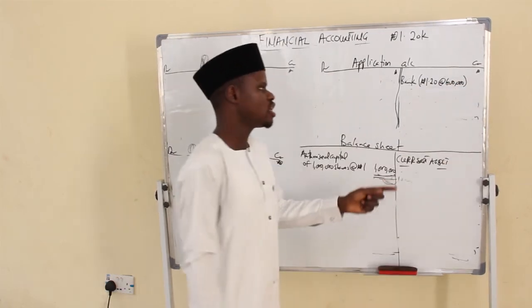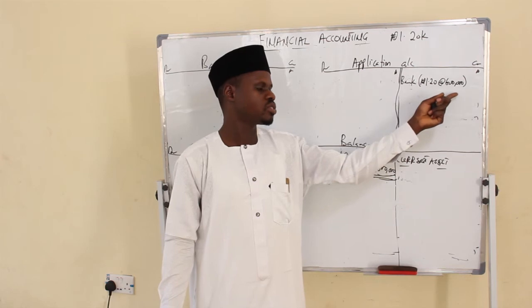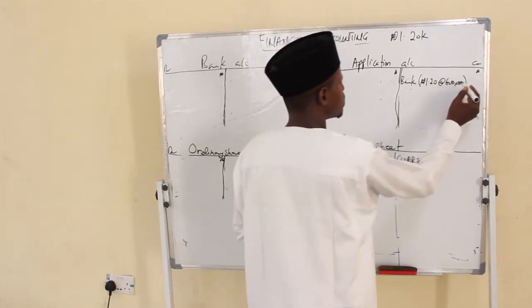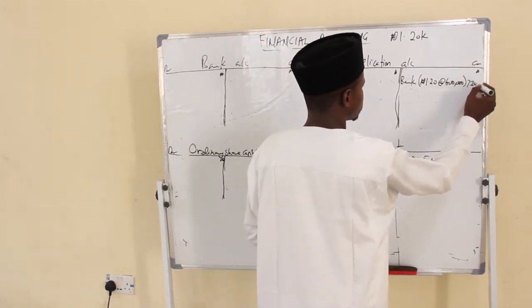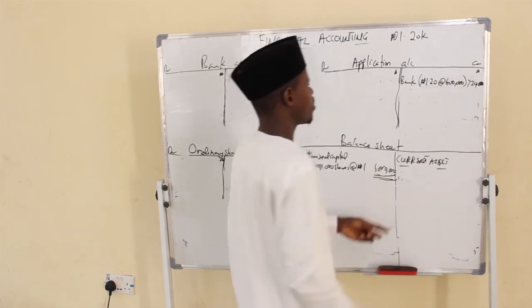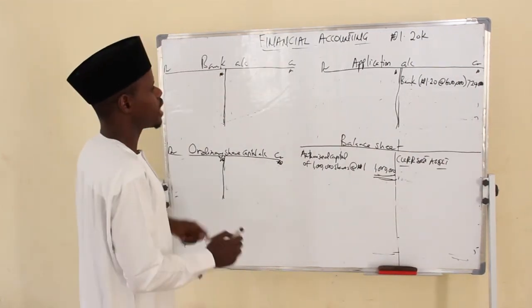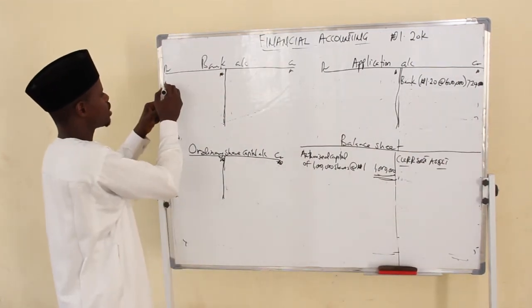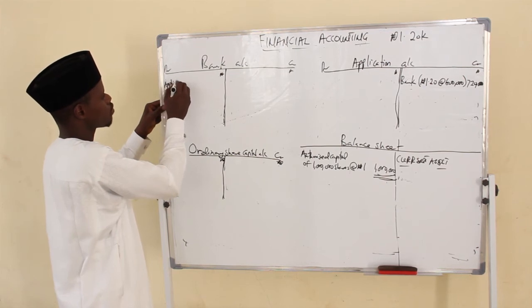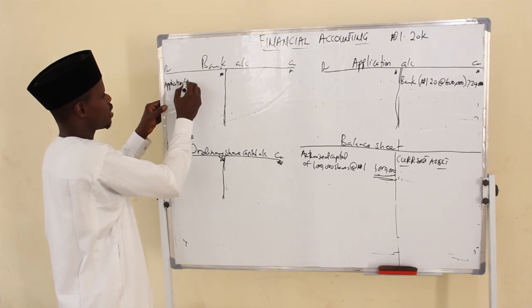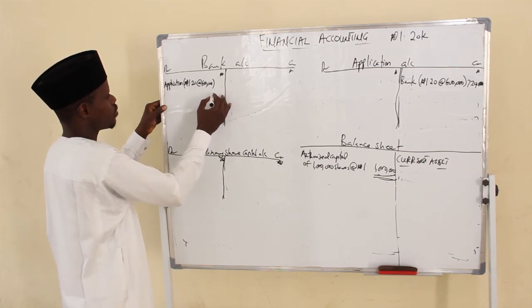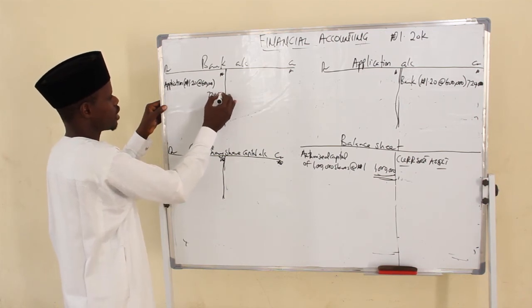And by the time you multiply 1 naira 20 kobo by 600,000, it will give you 720,000. You come to the corresponding account, which is the bank account. You write application, at 1 naira 20 kobo at 600,000 shares. This will give us 720,000 naira.